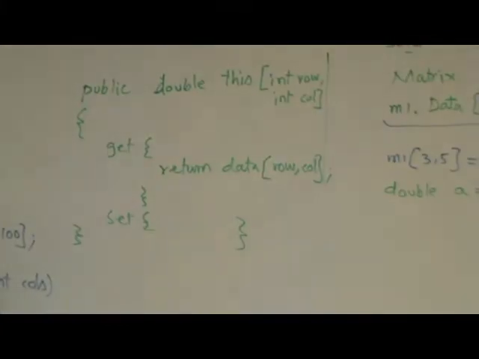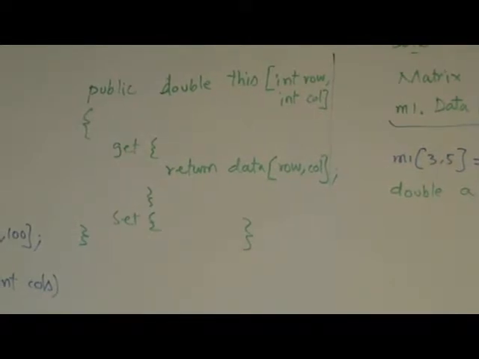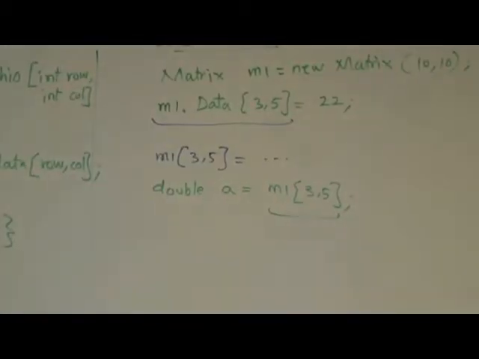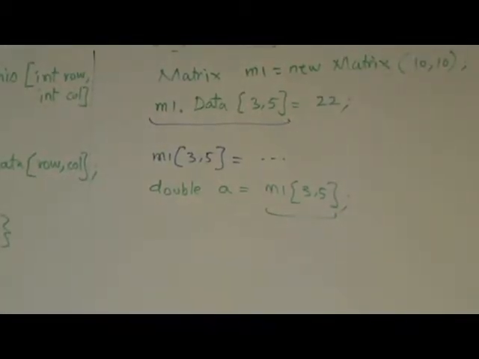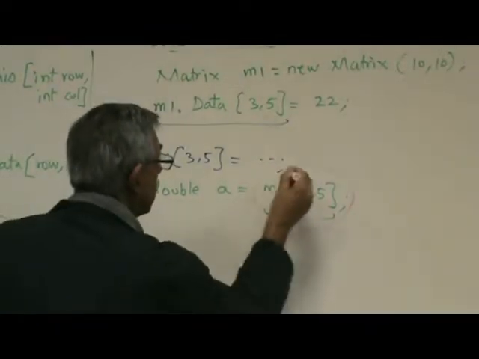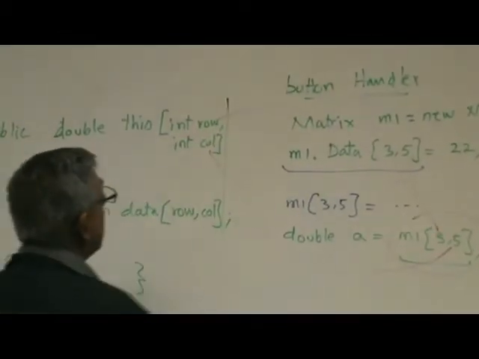Okay, so take a look over here. Get is always triggered when something appears on the right side of an expression, right? Because we are trying to read something from it. So in this case, 3 will correspond to the row, 5 will correspond to the column.